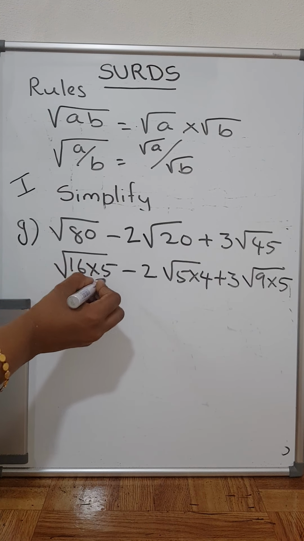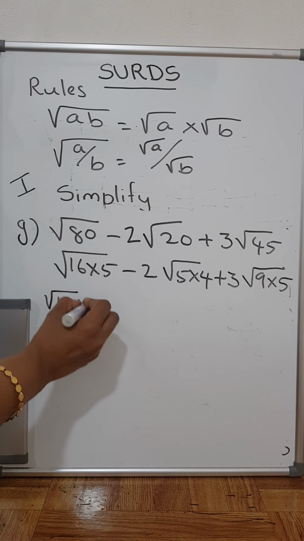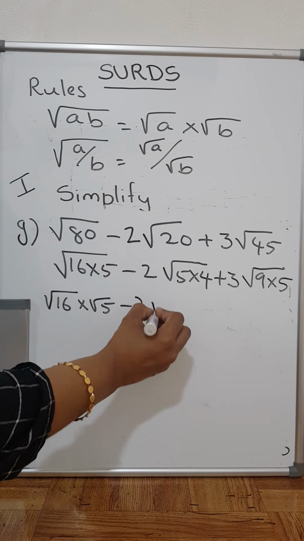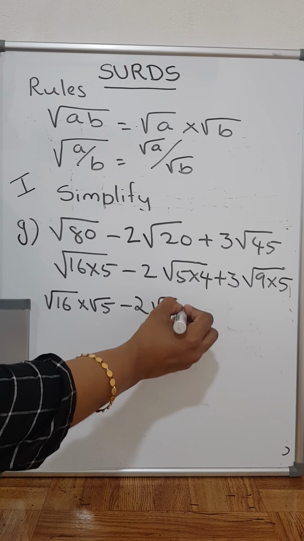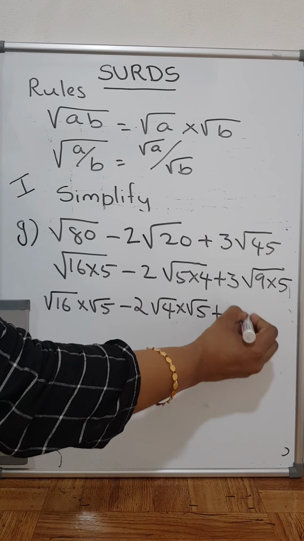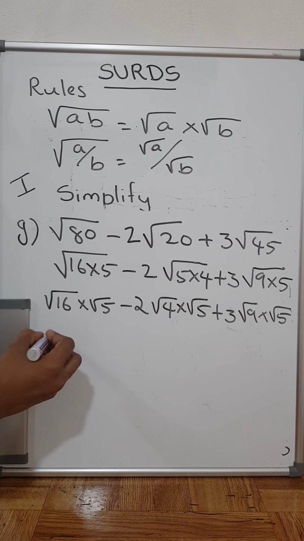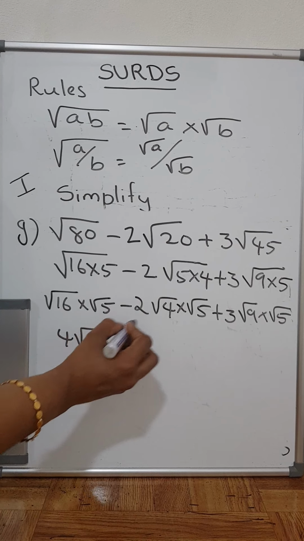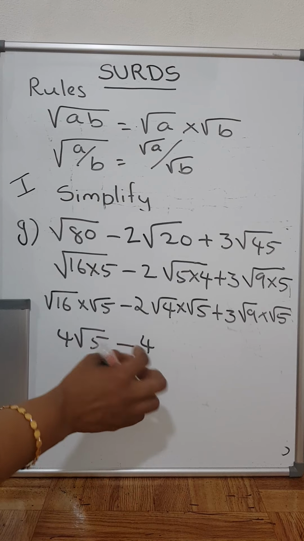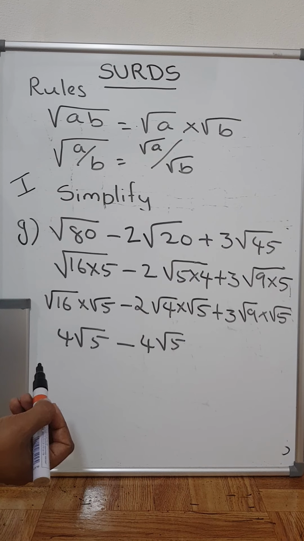So root 16 times root 5, minus 2 times root 5 times root 4, that is same as root 4 times root 5, plus 3 times root 9 times root 5. Now you see root 16 is 4, so this is 4 root 5. Root 4 is 2, so minus 2 times 2 is minus 4 root 5.